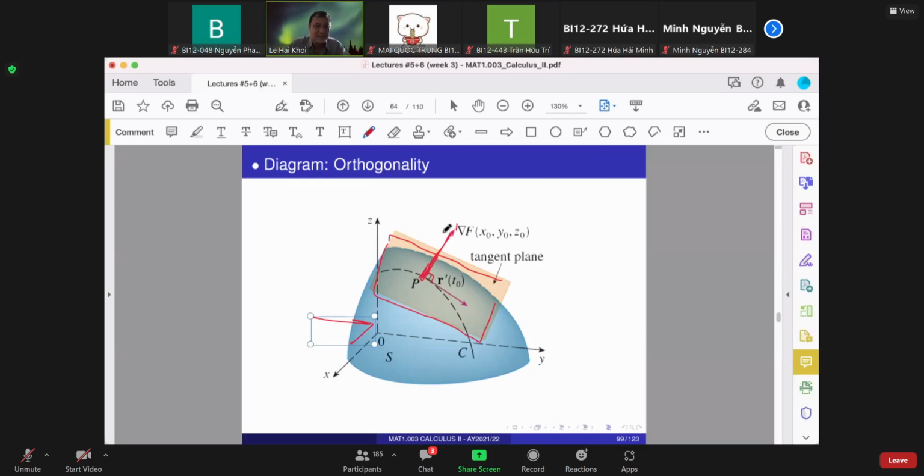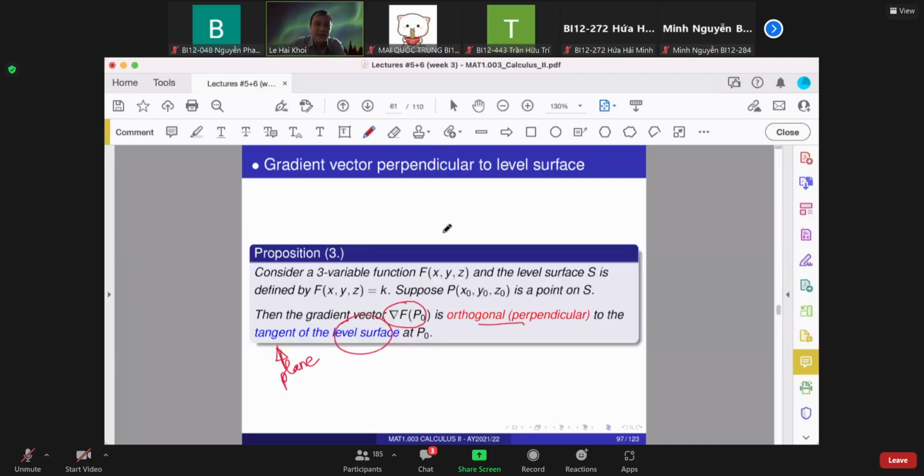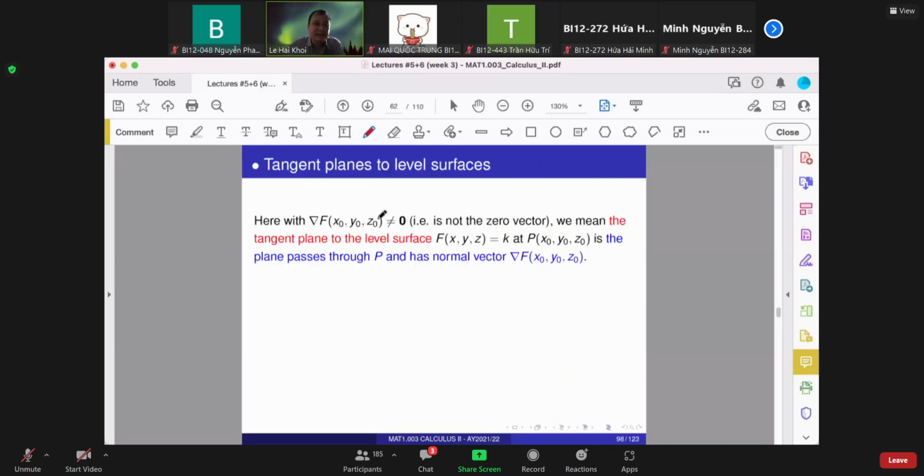So using this fact, we can come back to the very well-known formula you study in analytic geometry of high school, which is the tangent plane to the level surface. How to write it? Usually you have a ball in the space and a point. So usually you have a ball in your high school, right?